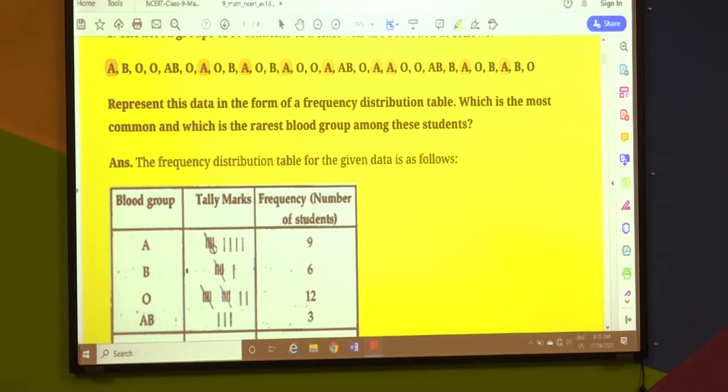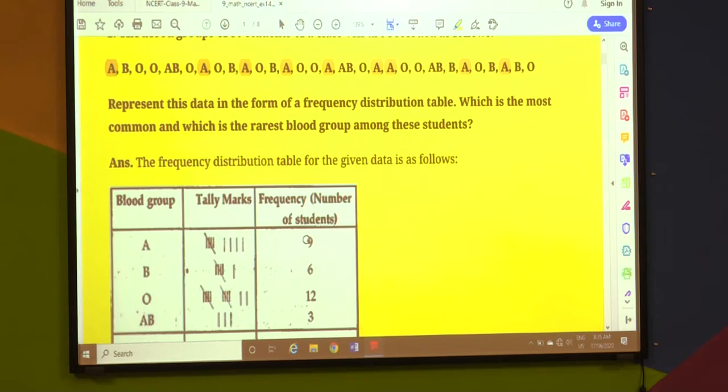As we know very well, a group of 5, 4 vertical and 1 across makes a group of 5, and after that again 4 vertical tally marks. The total comes to 9.